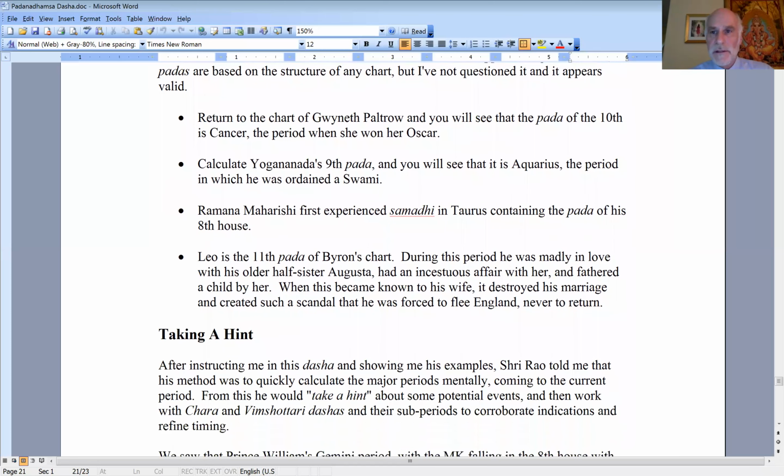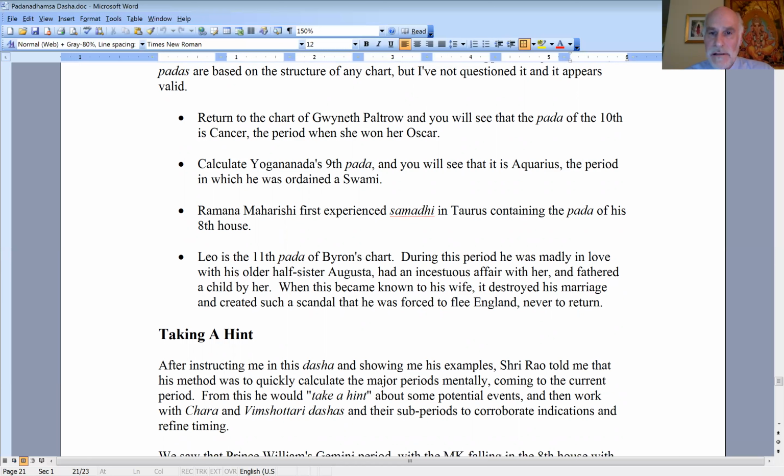And in a kind of unusual way in terms of how this got emphasized here, Byron's Leo, if you look back in his birth chart, Leo is his 11th pada. And it was during this Leo period that Byron had a half-sister, same mother, different father.